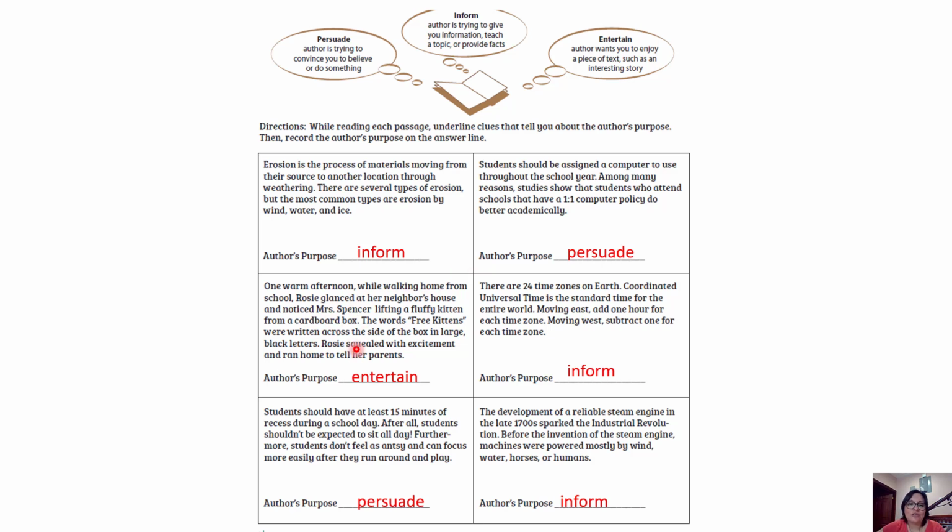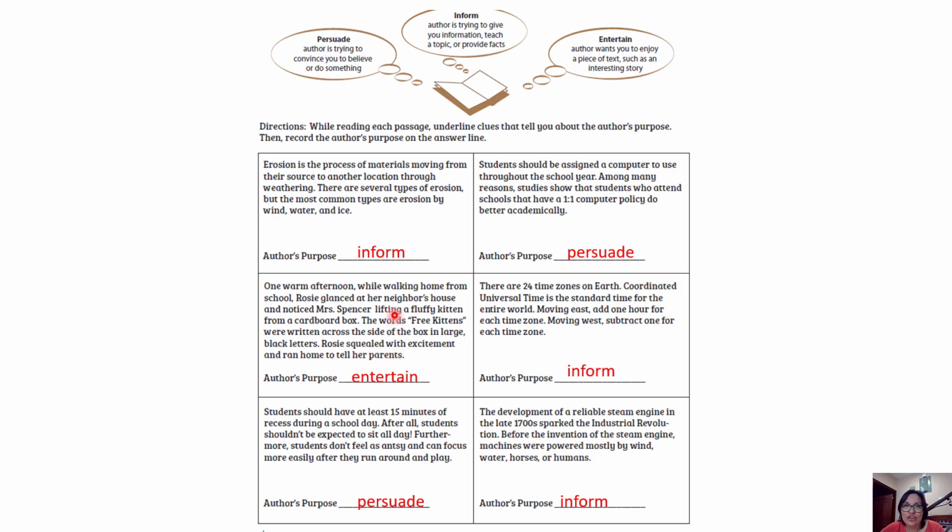Let's see here, the last one. The other examples, we are not going to read them. "One warm afternoon, while walking home from school, Rosie glanced at her neighbor's house and noticed Mrs. Spencer lifting a fluffy kitten from a cardboard box. The words 'free kittens' were written across the side of the box in large black letters. Rosie squealed with excitement and ran home to tell her parents."